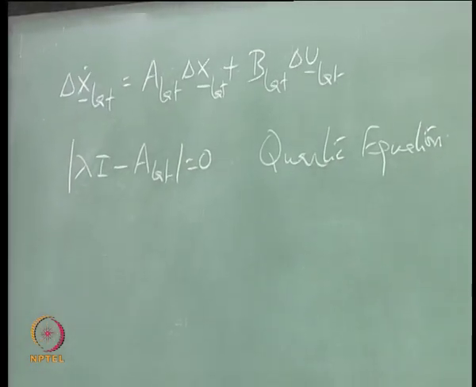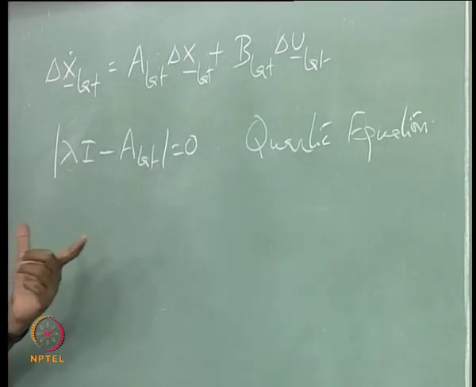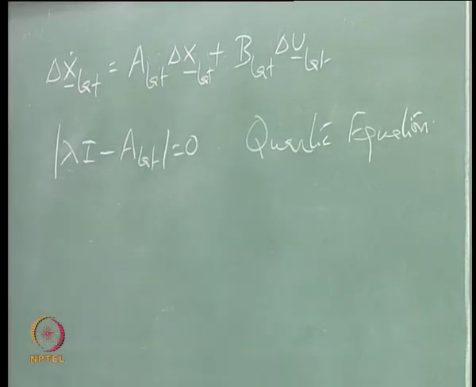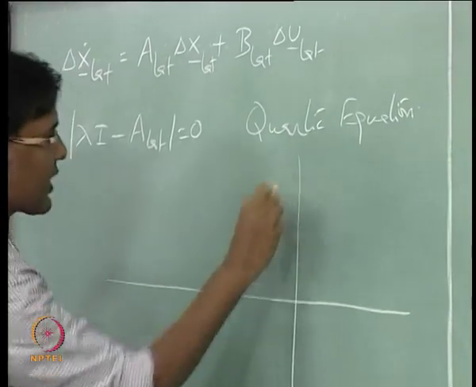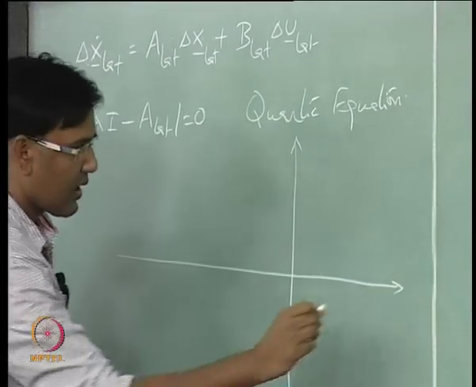When we solve this equation, we get 4 eigenvalues and you know where the eigenvalues are located.